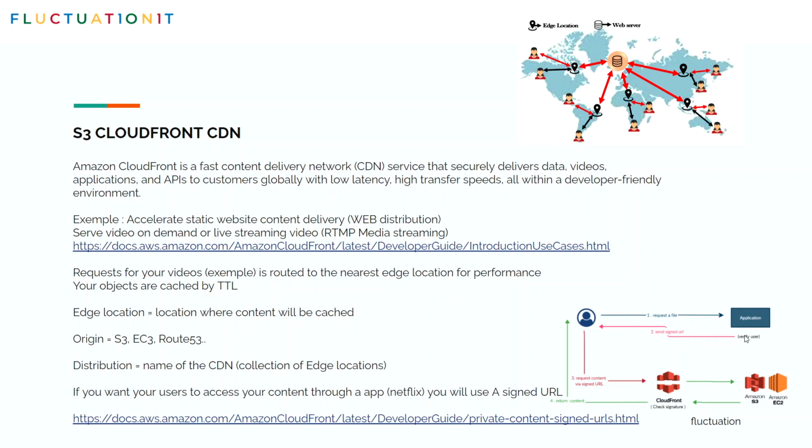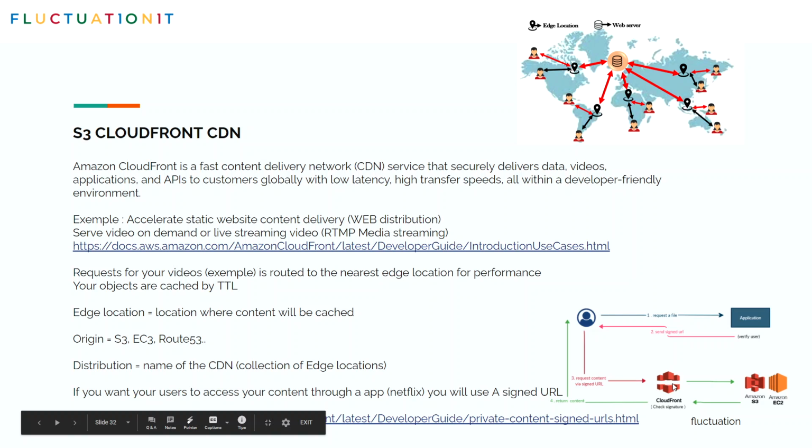The application will verify the user and send a signed URL. Then you request content via the signed URL. CloudFront will check your signature, and you can access your S3 or Amazon EC2 where you have your movie. After that, CloudFront will return the content.